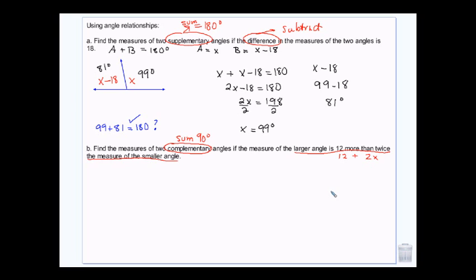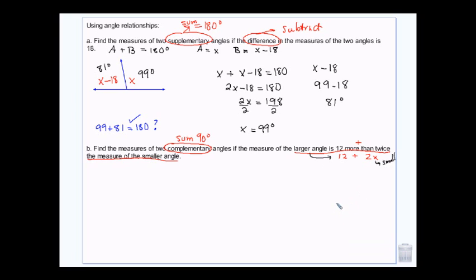Well, when it says more than, more than gives me the plus. So 12 more than 2 times the smaller one. So this is the large, and that makes this the small.